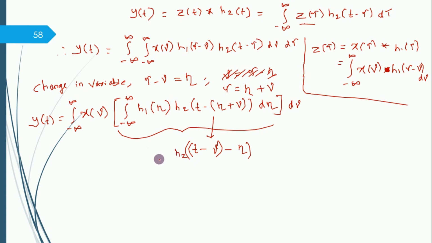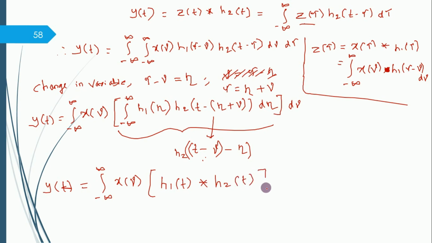So hence, if I just write it as eta, you know that this convolution can be written as minus infinity to plus infinity x of v, and this whole can be written as h1 of t convolved with h2 of t, dv.